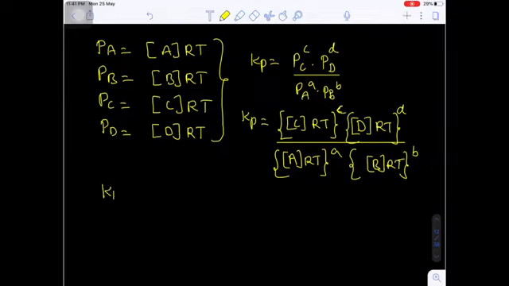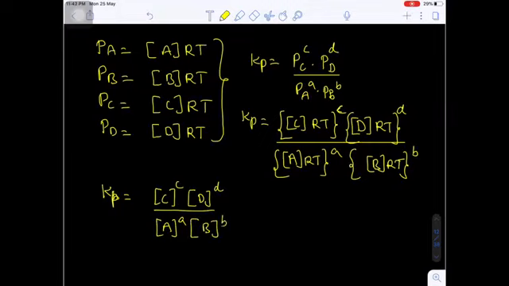Now from here I am writing Kp is equal to C to the power small c, D to the power small d, whole divided by A to the power small a into B to the power small b. The remaining I am writing here: RT in the numerator whole to the power c plus d, divided by RT in the denominator whole to the power a plus b.